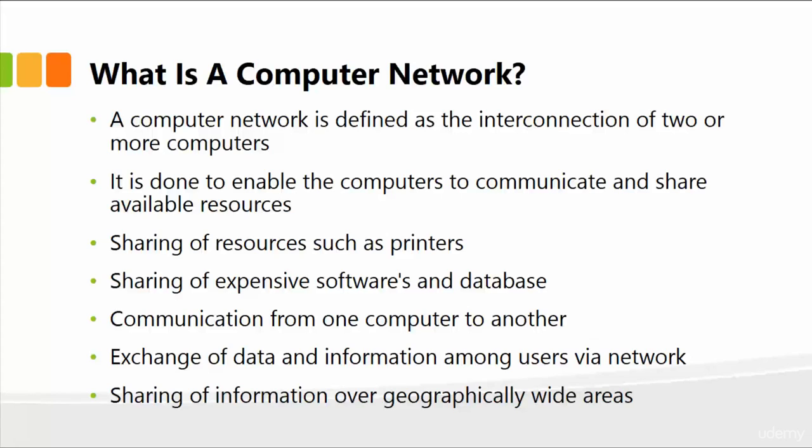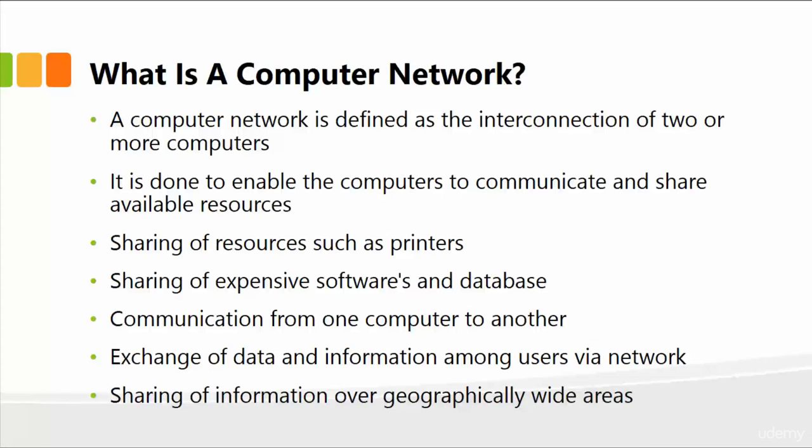Communication from one computer to another. The exchange of data and information among users via the network. So a good example is email. So you send out an email, it goes from your mobile device, your laptop, your personal computer, for example, to someone else's computer, laptop, and mobile device.